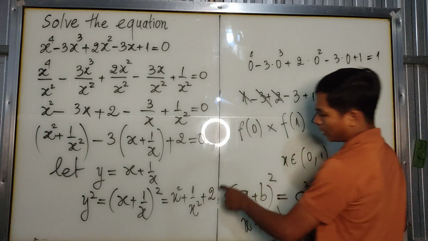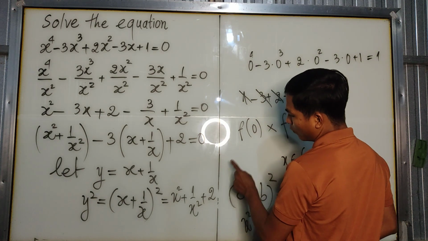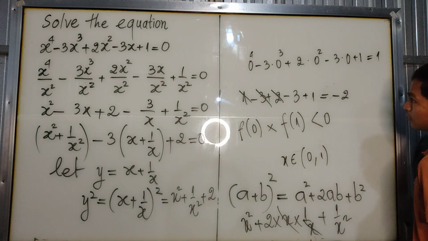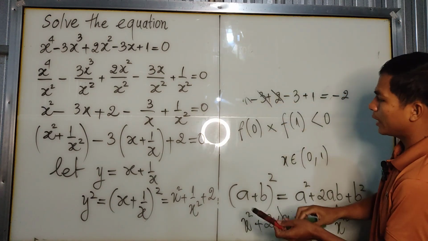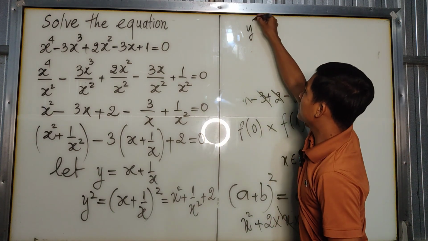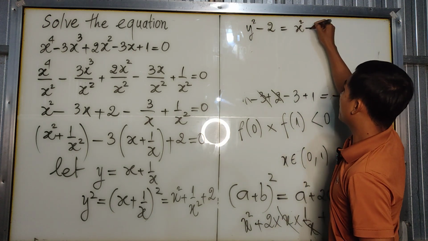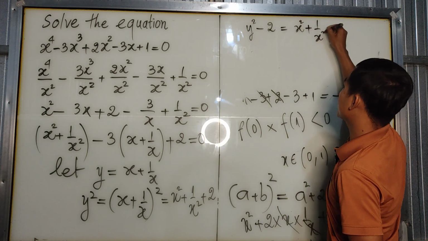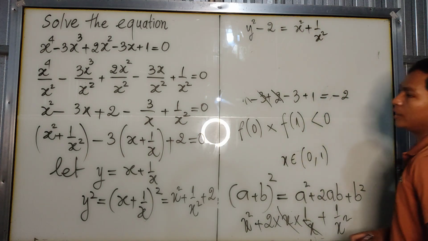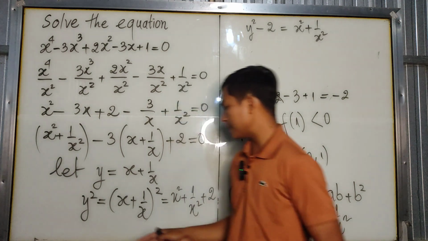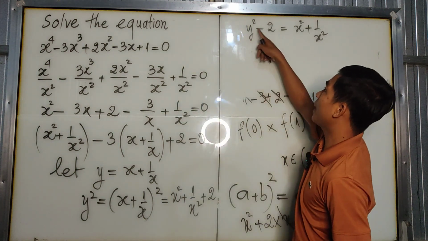And now I move 2 from the right-hand side to the left-hand side. So we get y squared minus 2 equals x squared plus 1 over x squared. So x squared plus 1 over x squared, we replace by y squared minus 2.